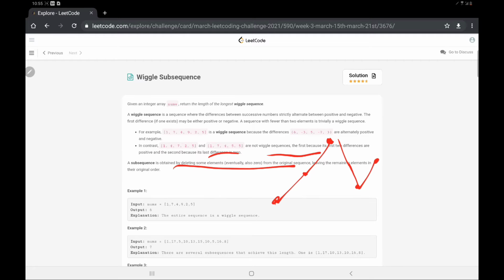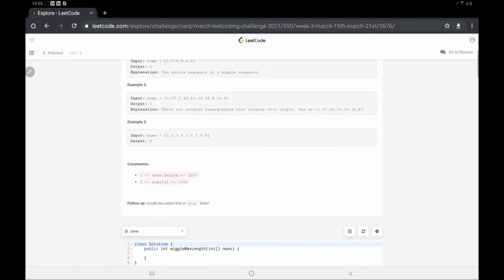And a subsequence is obtained... you know what subsequence means. There is no need for me to explain the subsequence thing. So it's clear. All right, let's see the constraints given to us here.